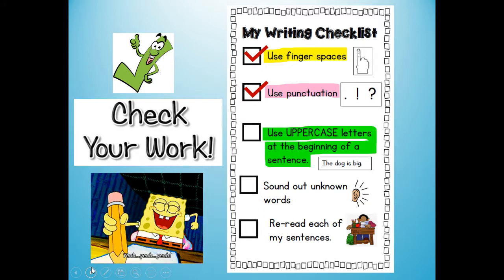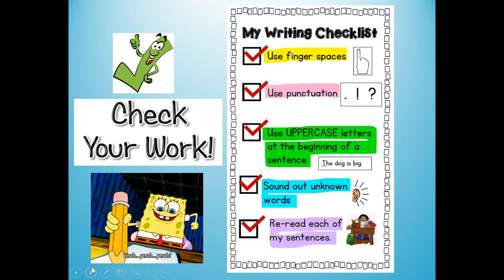Did you use uppercase letters or capital letters at the beginning of each of your sentences? And then did you sound out unknown words? Meaning if you didn't know how to spell the word, did you write the sounds that you heard? This is called inventive spelling. And then my favorite, reread each of your sentences. If you need to, push pause and make your changes. And then when you're ready, push play again.